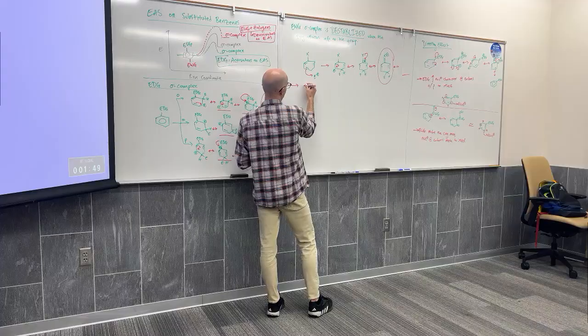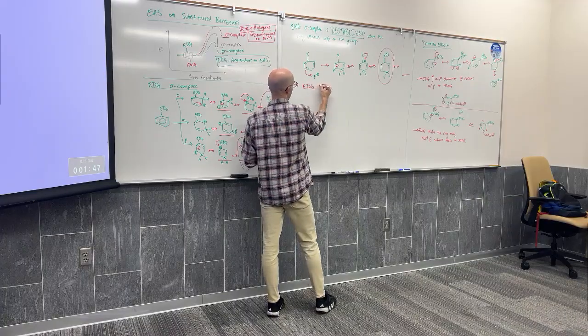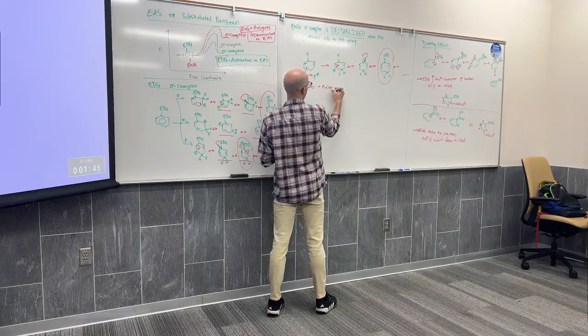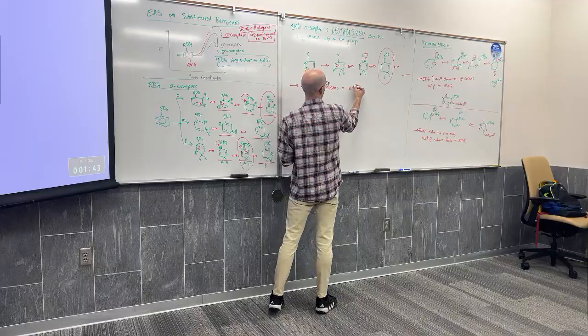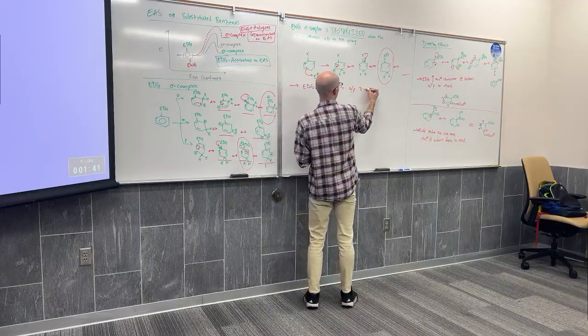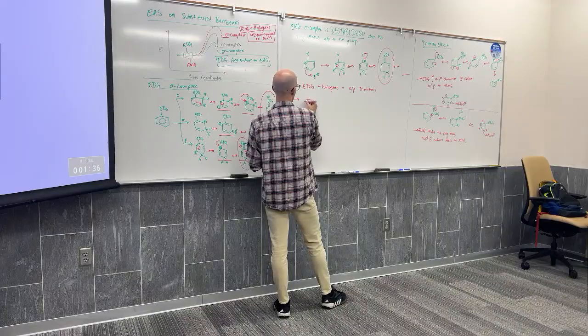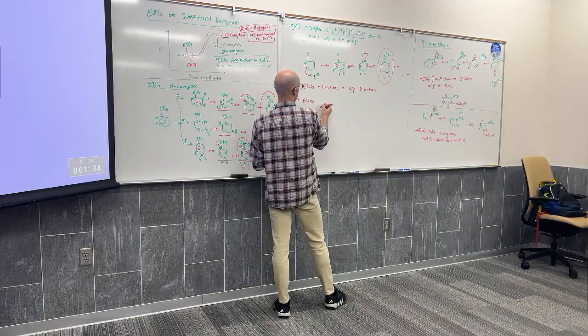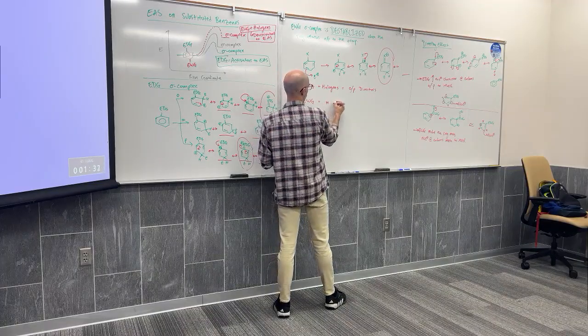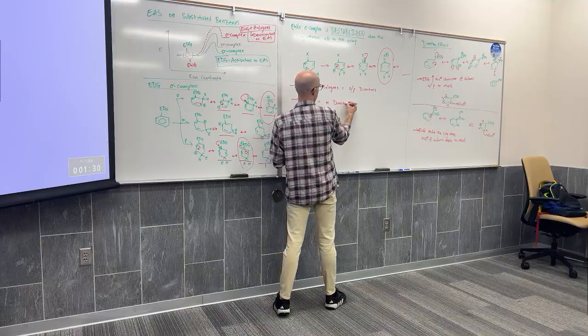So a recap, electron donating groups and halogens are ortho-para directors. Electron withdrawing groups are meta directors.